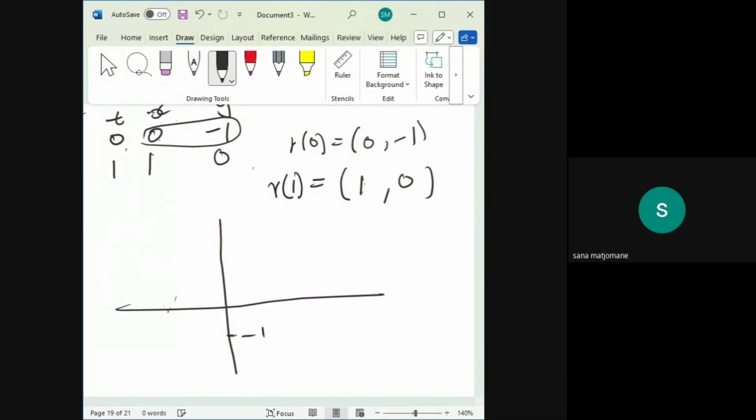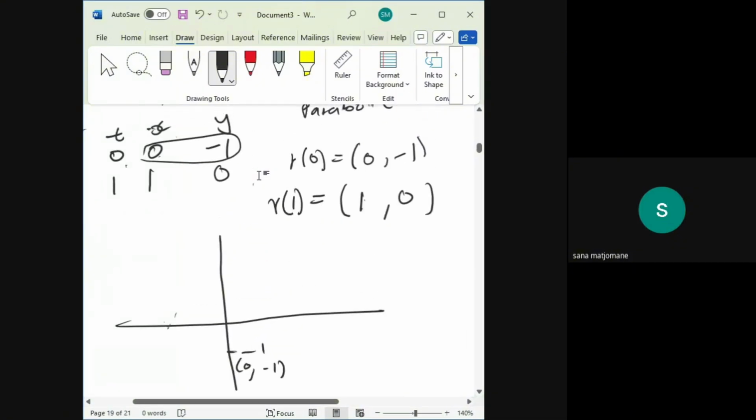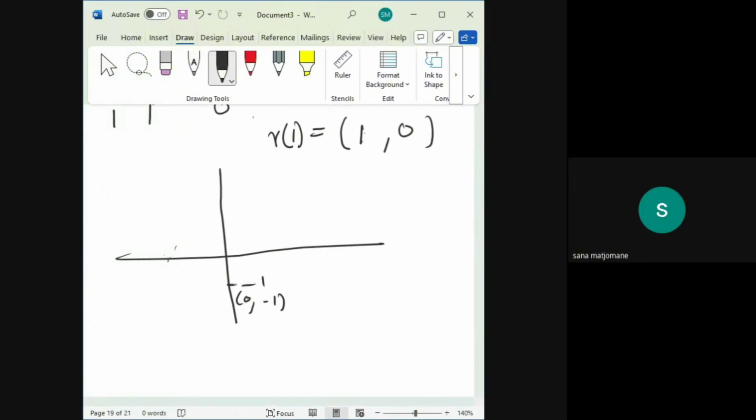No, x is not 0 here. It's right here at the turning point. Then another coordinate where x is 1, y is 0. It's somewhere here. You understand? So my path so far is only going to be this part.